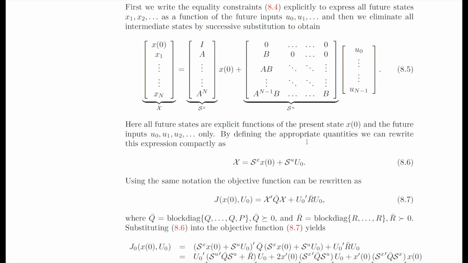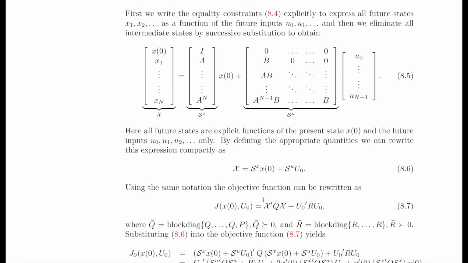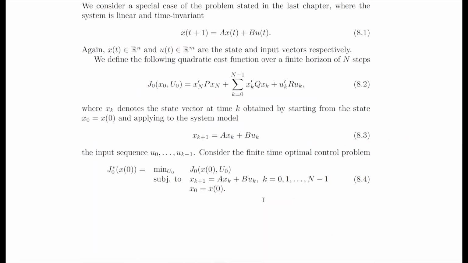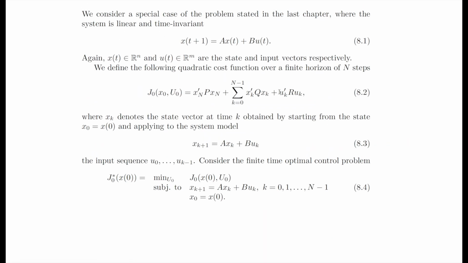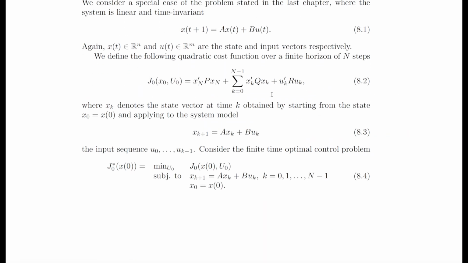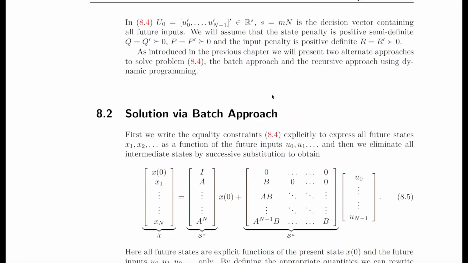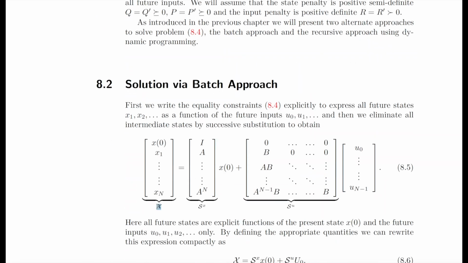Okay, if we do the same thing to find the objective function, we can write the cost function in a compact form using the big X that we are using here.